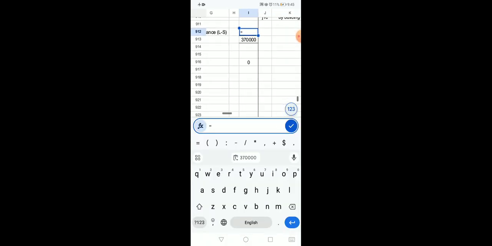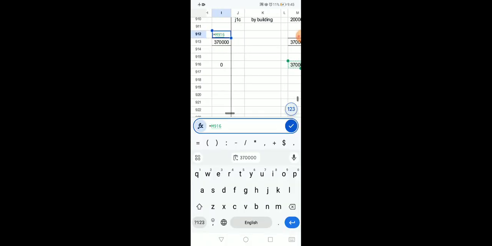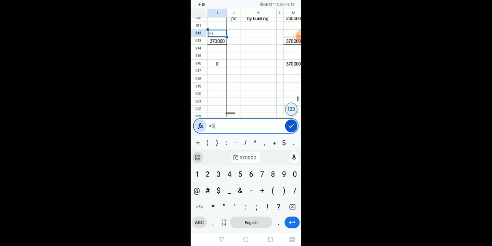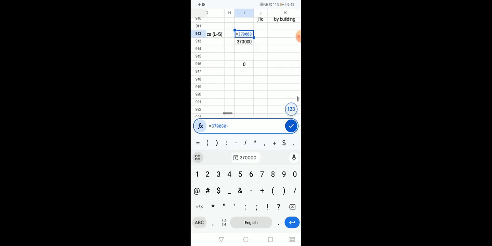Now see, we have this total and we have this total. What was the larger sum? That is 370,000, and the smaller sum was 0. You can see over here, by subtracting, you have got your initial balance. The first step of balancing is completed. Now the second step is what? You are going to bring it down to the opposite side.